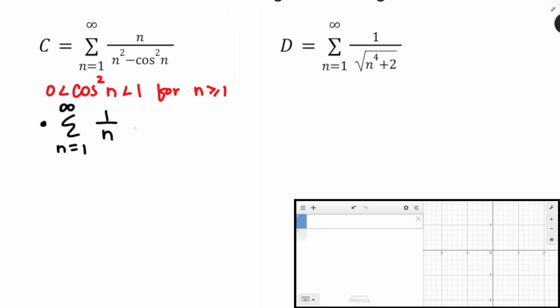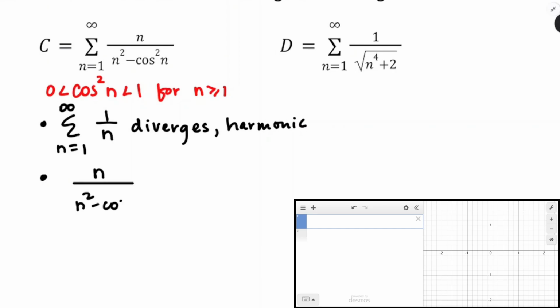I'm definitely going to use the calculator for some support here. Then I need to hope that n over n squared minus cosine squared n. Okay, so I'm subtracting a number from the denominator, so I've got a smaller denominator.